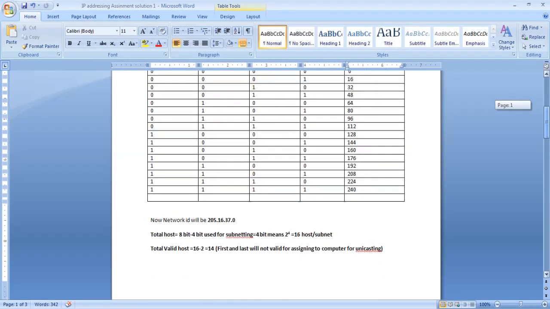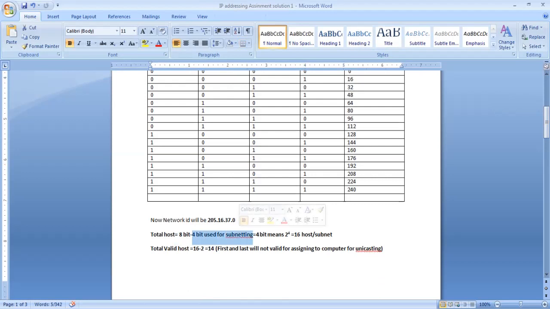Now, for the given IP range, our network address will be 205.16.37.0. In class C, a total of 8 bits are used for the host ID, but out of these 8 bits, 4 bits we use for subnetting. It means only 4 bits remain for the host ID.